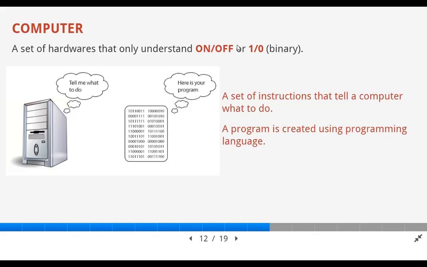So the logical thinking is very important here. During the first half of the semester, we will have a lot of practice about this logical thinking, or what we call algorithm.